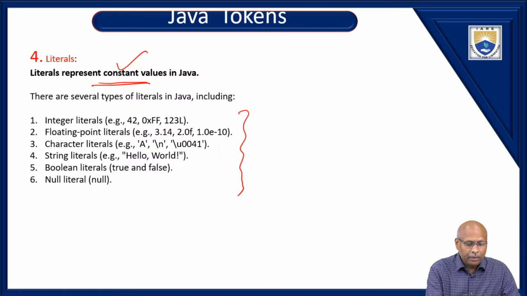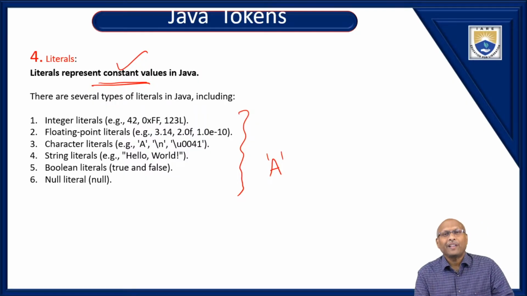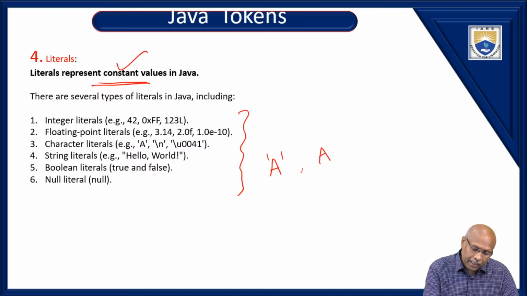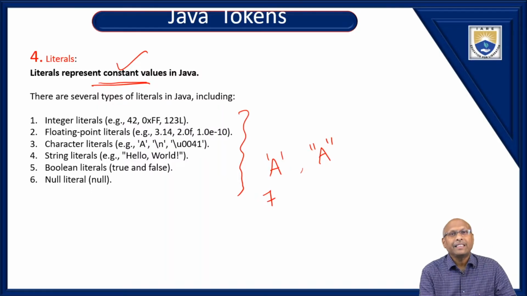Now, for example, I may say A in a single quote, then automatically I will say it is a character literal. Same A, if I write within double quotes, that is a string literal. Similarly, assume for example 7. 7 is an integer literal. If I write 7L, that is a long integer literal.